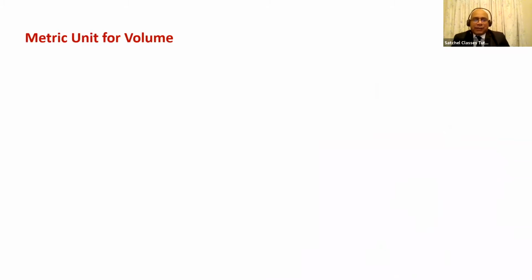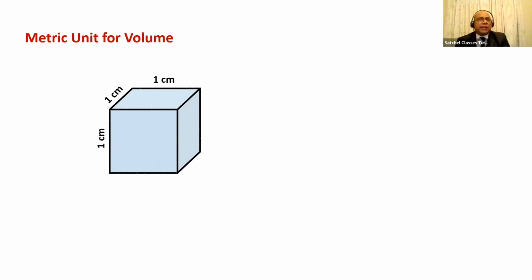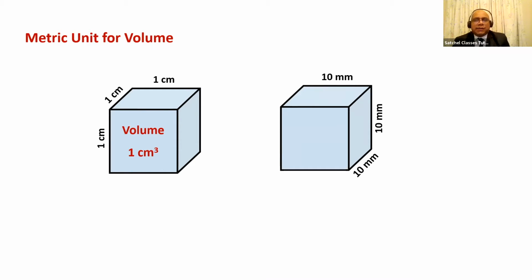Well, now let's understand how we do the metric unit conversion for volume. For that, let's look at a cube whose each dimension is 1 centimeter. So the volume of that cube is 1 centimeter cubed. As you know, 1 centimeter is the same as 10 millimeters. So I can redraw the same cube, this time in millimeters, with each dimension being 10 millimeters. So what's the volume now?